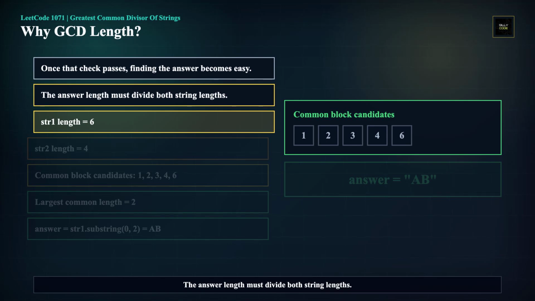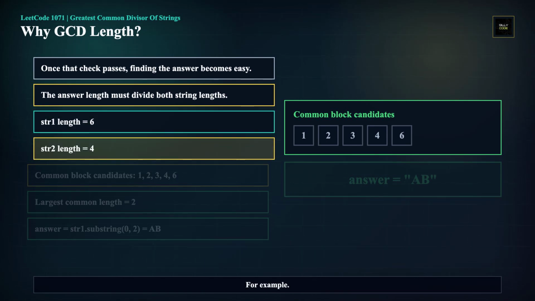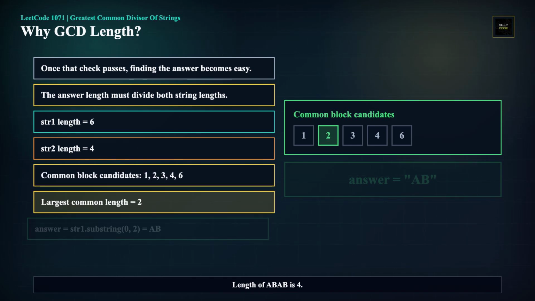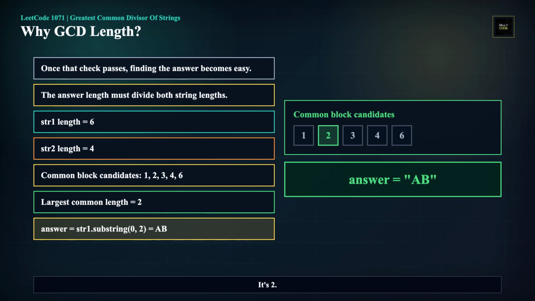For example, length of ABABAB is 6. Length of ABAB is 4. What's the greatest common divisor of 6 and 4? It's 2. And what are the first two characters of the string? A B. That's our answer. So all we need is the GCD of the two lengths. Then return that many characters from the beginning of str1.